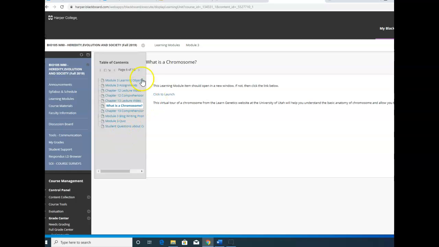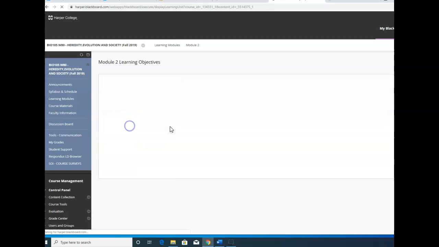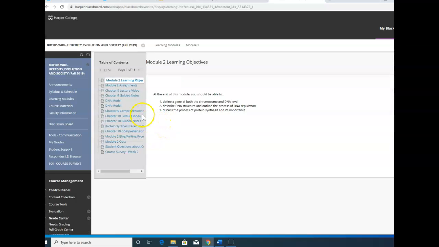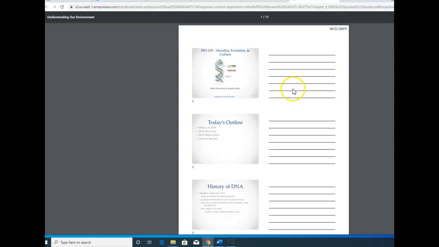The one thing that I wanted to mention, and I don't have them uploaded for Module 3, so let's go back to Module 2 real quick. I just wanted to make sure that everybody saw that there are guided notes for the lectures in each of the modules, and I will be putting those guided notes up for this chapter as well.